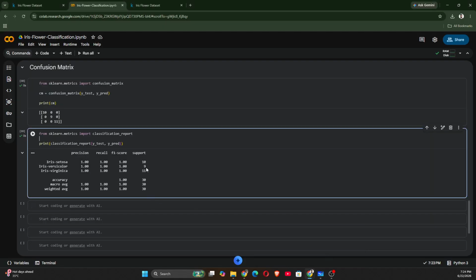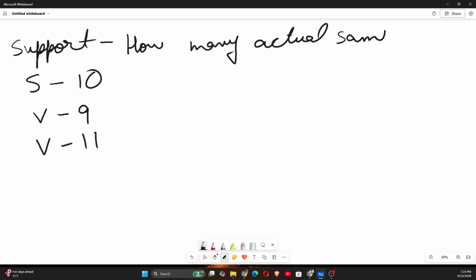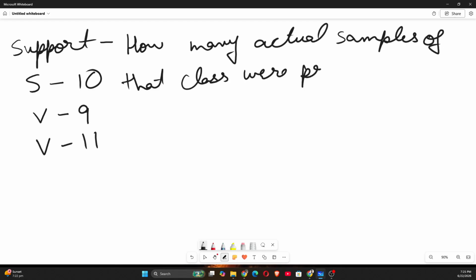So the definition of support: how many actual samples of that class were present in the test set.